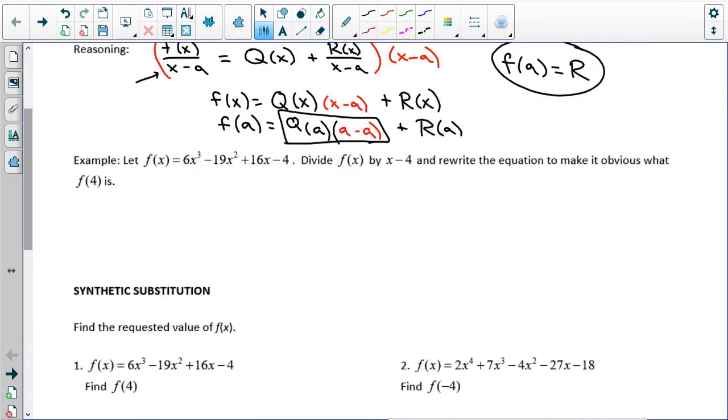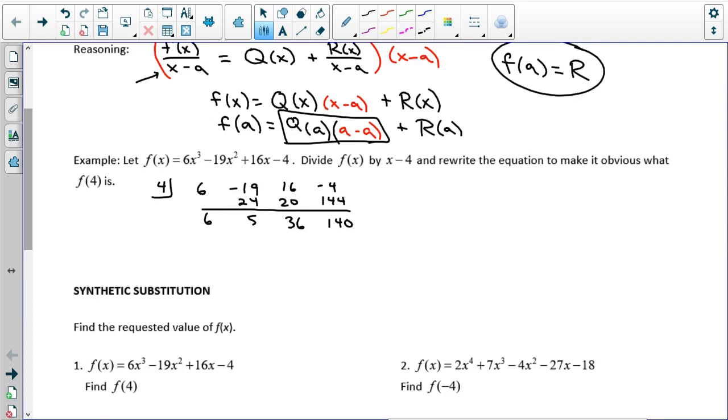If I take this f of x and I divide it by x minus 4, I'm going to do a little synthetic division. So I have 24, 5, 20, 36, and then 36 times 4 is 120 plus 24, so that's 144. So I get 140.